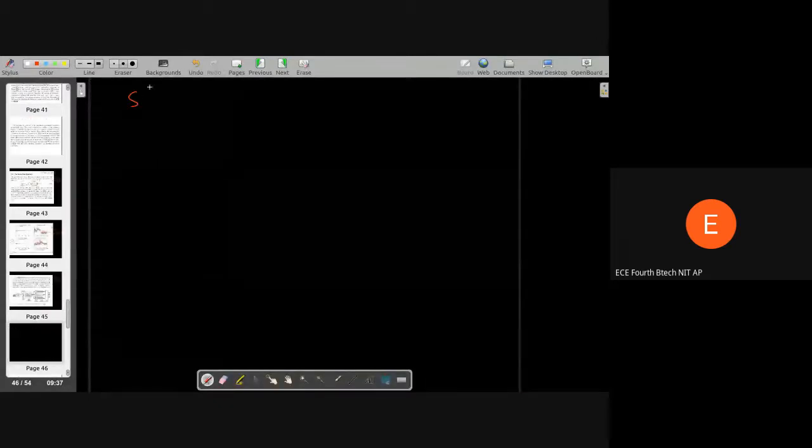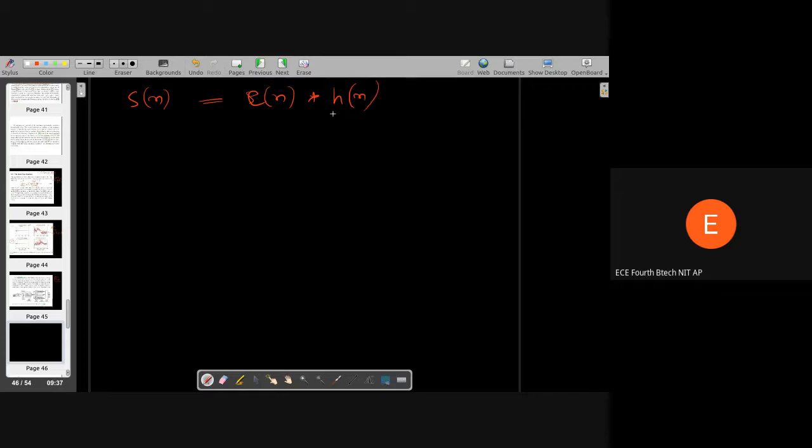So we have this speech, which is a convolution of the source excitation and the system.